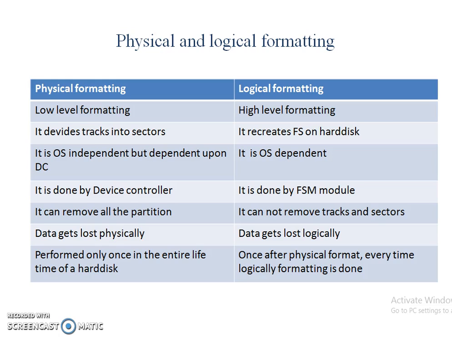The formatting program writes some data on every sector and also reads back this data to see whether the hard disk is proper or not. Those sectors from which the same data is not written or read are known as bad sectors. Information about bad sectors is stored and no file is allocated on a bad sector.